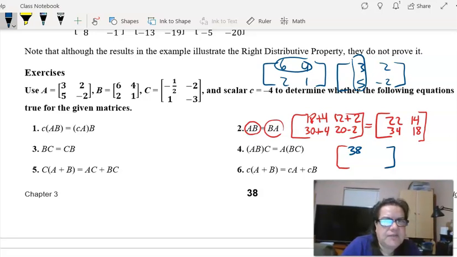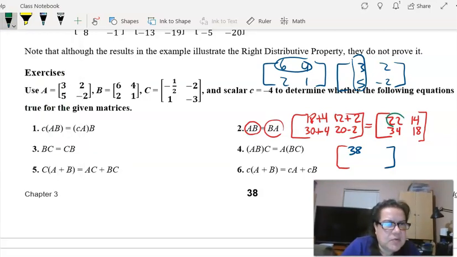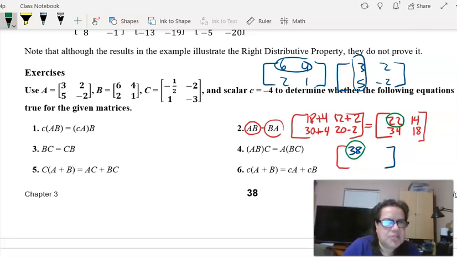I automatically found an issue with this, right? Because if you notice, this number right here and this number are not the same. So I can kind of already stop. You, of course, can continue, check all the numbers. You just need to practice being able to do this. But if you notice, these are already not matching up. So multiplying A times B is not the same as if you were to multiply B times A.